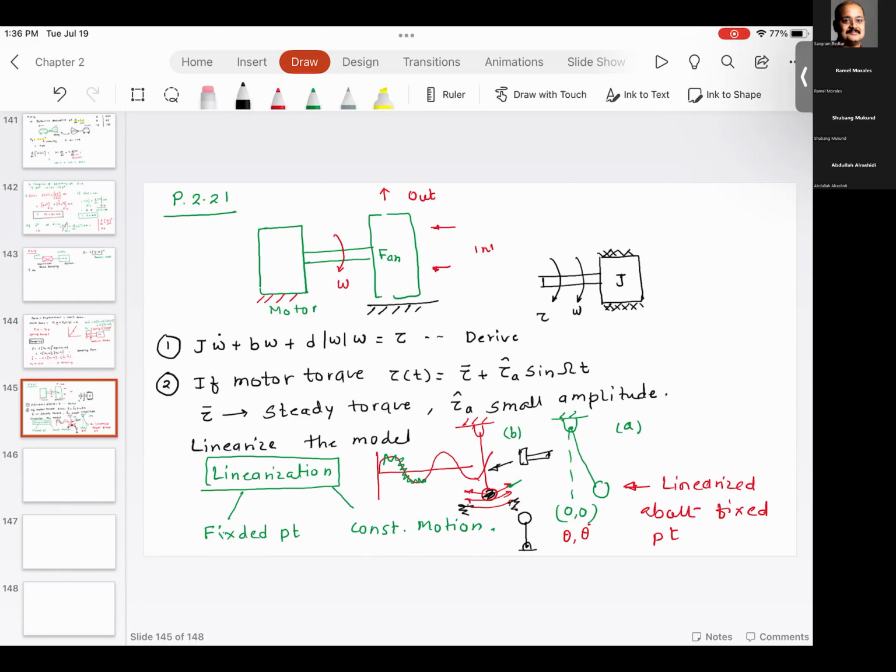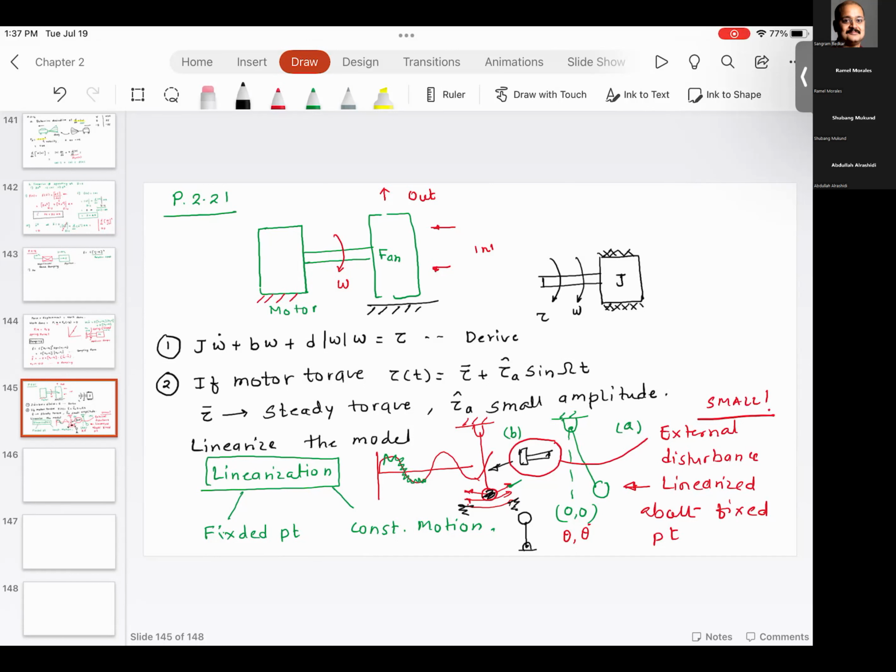So the idea here is this perturbation or this external disturbance has to be small, because if this external disturbance is large, then clearly that will destabilize the system.